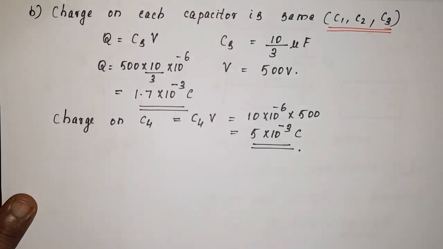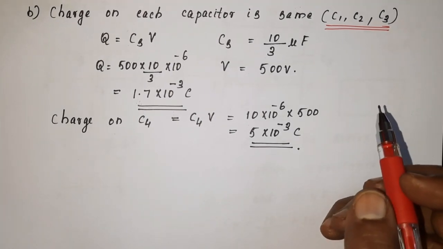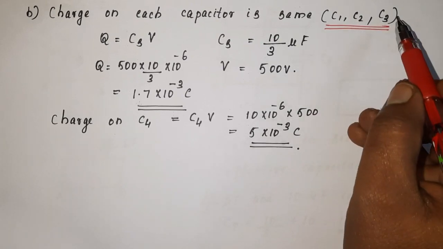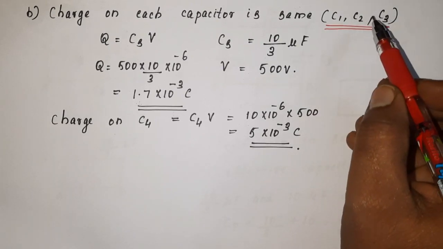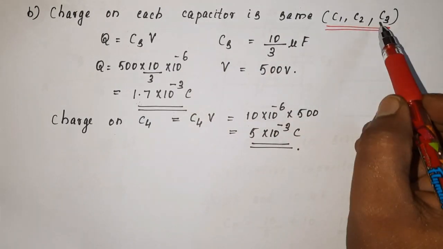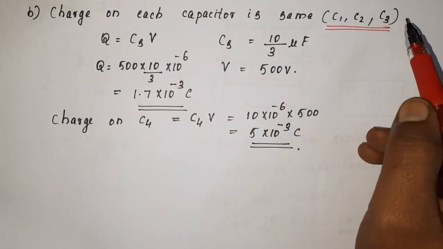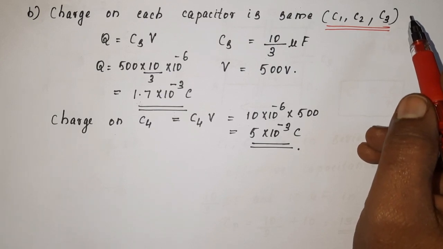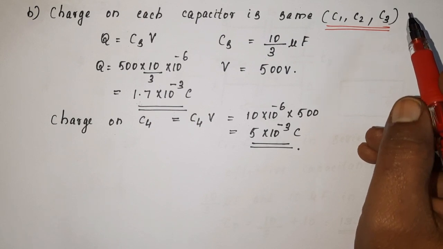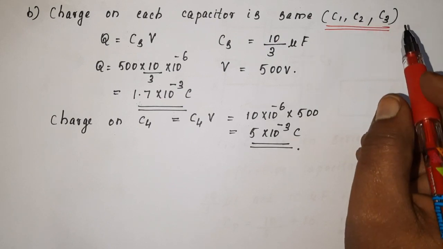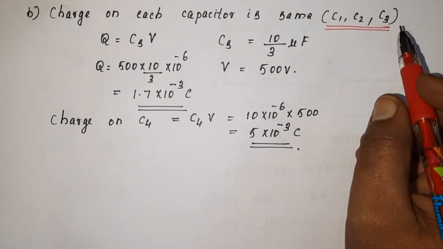Now the second part of the same question: we are asked to find the charge on each capacitor. For the 3 capacitors connected in series, the charge on each capacitor will be the same. How to find that charge? Either you can find Q equal to C1V, or you can use the combination, because for the series combination also the charge remains the same.